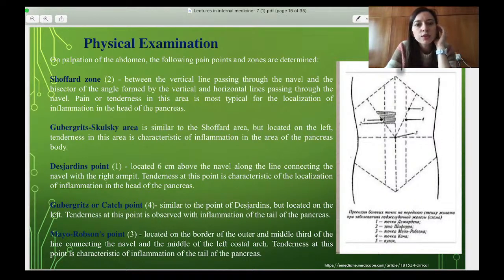Pain or tenderness in this area is most typical for localization of inflammation in the head of the pancreas.